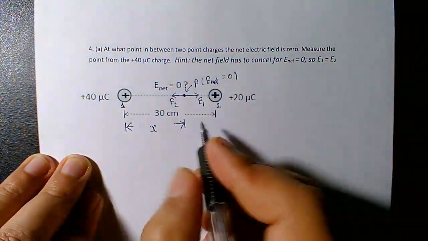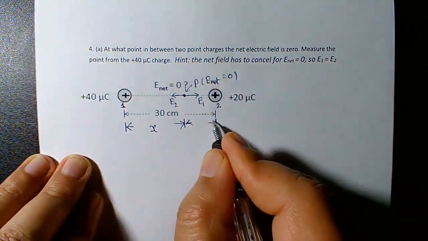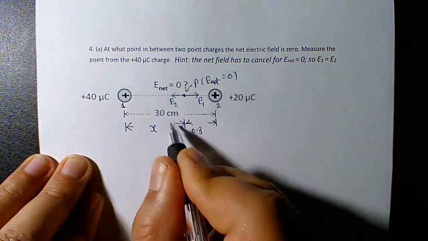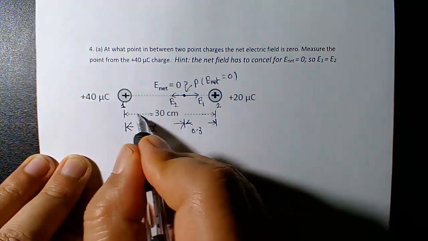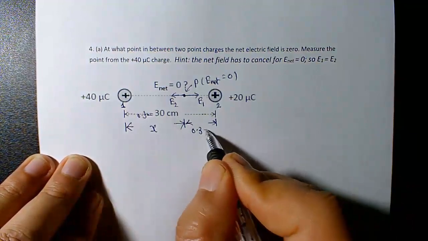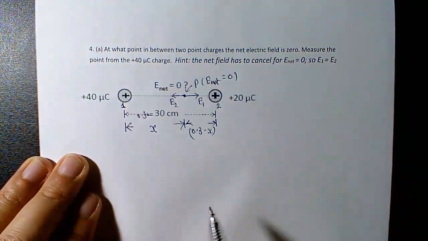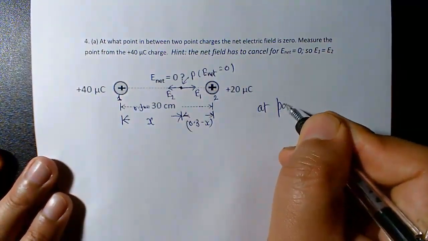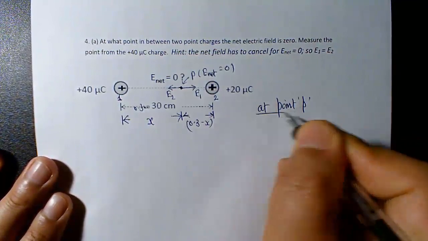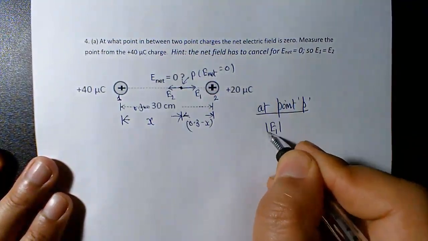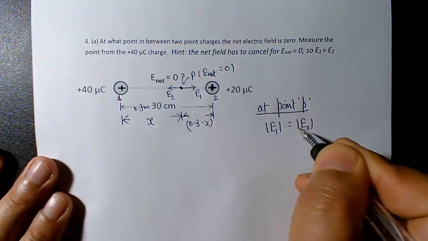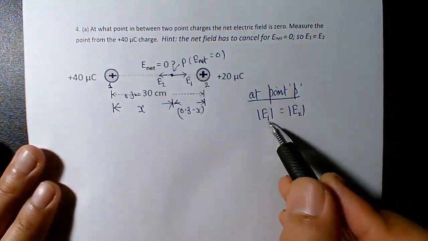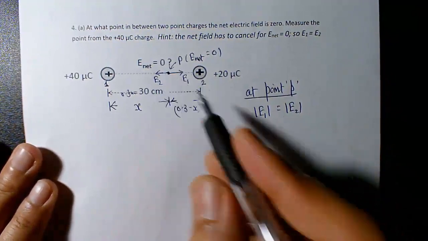And if this is x, the rest of the distance will be 30 minus x, so 0.3 meter minus x. The main idea is that at point P the magnitudes must be equal, because they are equal and opposite. The magnitudes must be equal and the directions opposite.